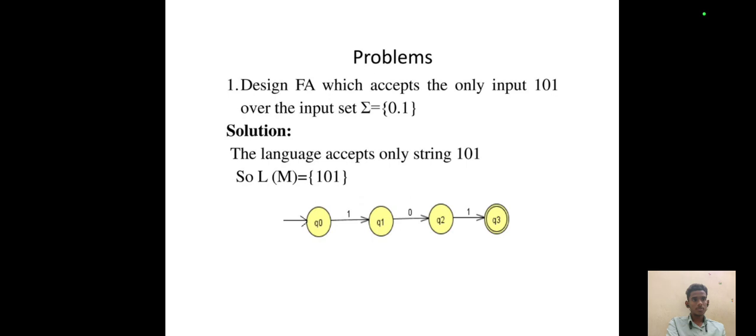If we insert 0, at present the machine is in q1, and it changes from q1 to q2. Finally, when we insert 1 and the present state is q2, it changes the state from q2 to q3, and q3 is the final state.